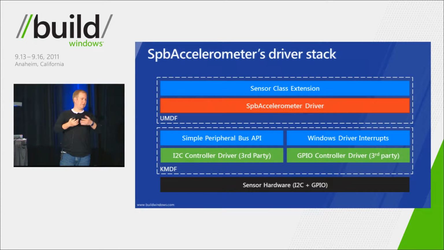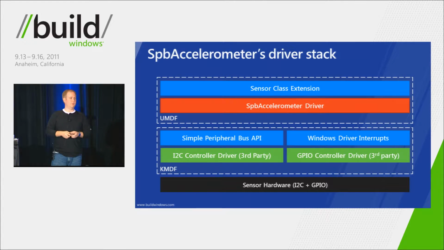It implements the sensor class extension. So at the top edge, it's talking to the Windows sensor stack. At the bottom edge, it uses the simple peripheral bus, or SPB API, to talk to the I2C controller driver, which you don't have to worry about because that's come from one of our friendly silicon vendors. And then use regular interrupts for the GPIO.